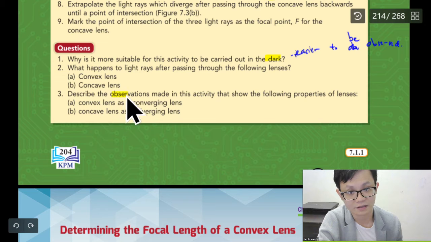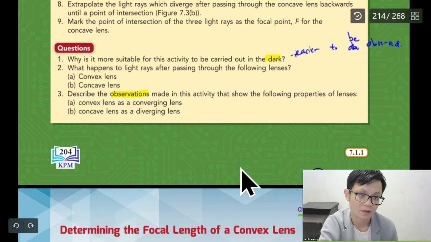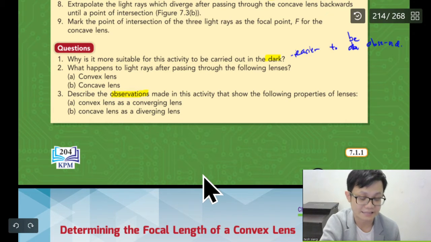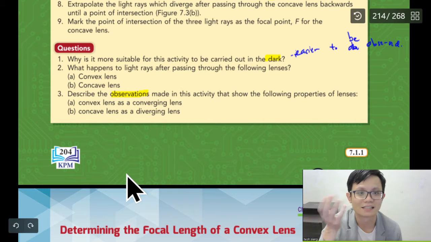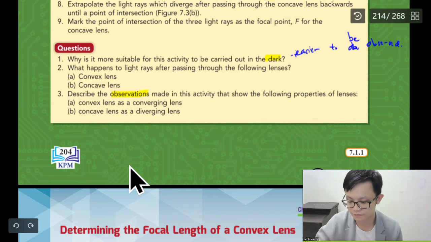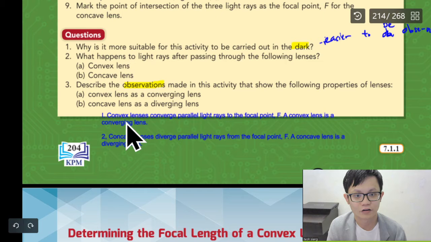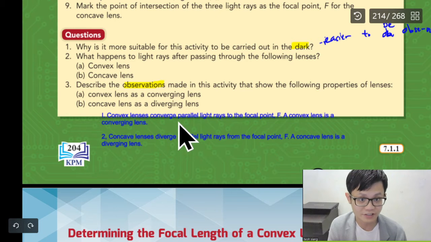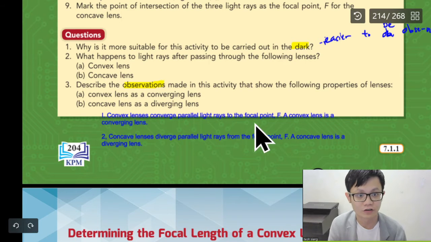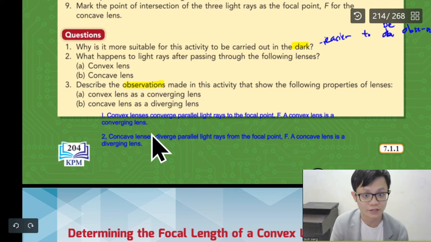Describe the observation. So maybe we can say that this one is my personal answer. I would say that the convex lens converges parallel light rays to the focal point F. A is a convex lens, a converging lens.